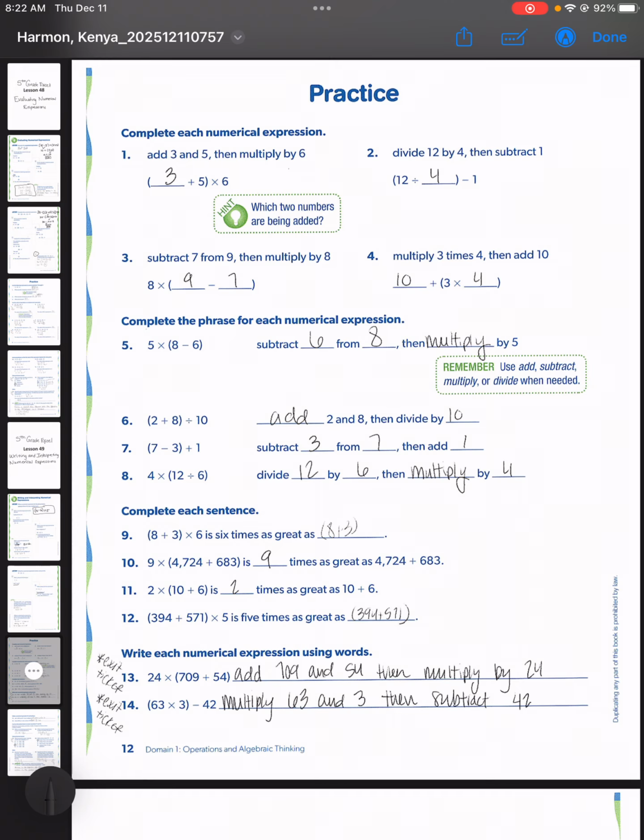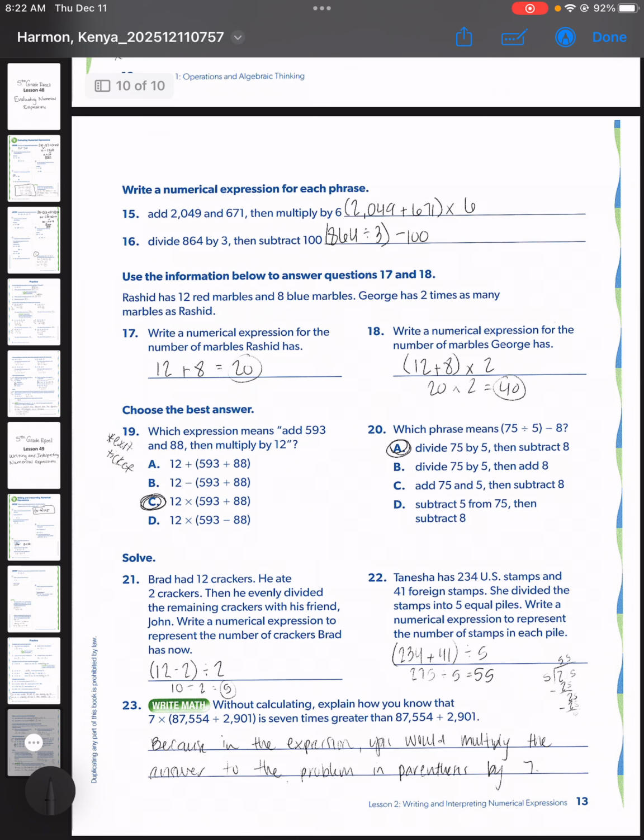So you'll really be able to hone in and focus on what students are doing. And so in this lesson, you just want to make sure you are always asking students, what are you doing first? What does that mean for how you write the numerical expression? Then what happens next? Using those strategies, students will be set up for success.